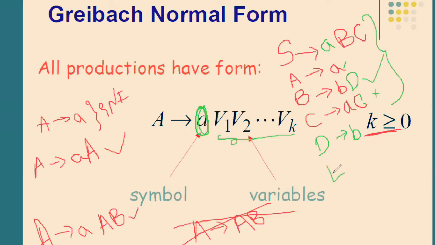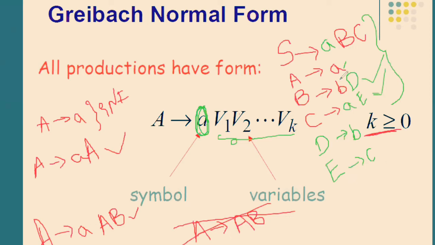What you can do is you say E tends to small c, and you replace this small c with its equivalent symbol, that is E. Okay. Now yes, this is in Greibach normal form.